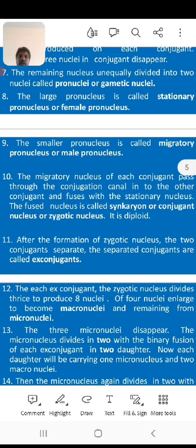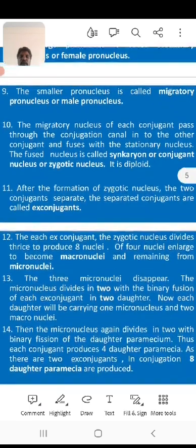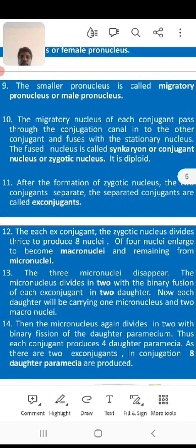The micronucleus divides in two with binary fission of each ex-conjugant into two daughters. Now each daughter carries one micronucleus and two macronuclei. Then the macro- and micronuclei divide again in two with binary fission of the daughter Paramecia.